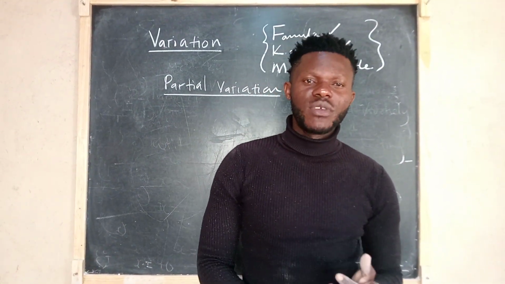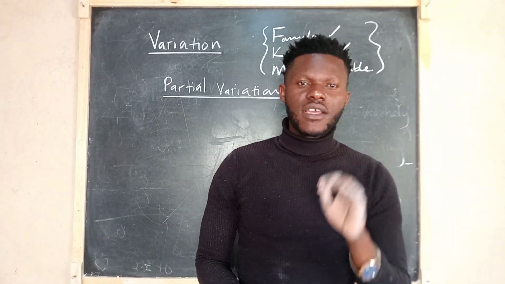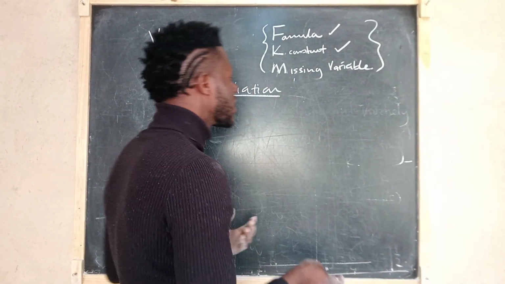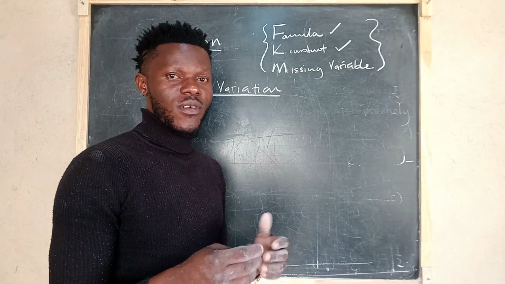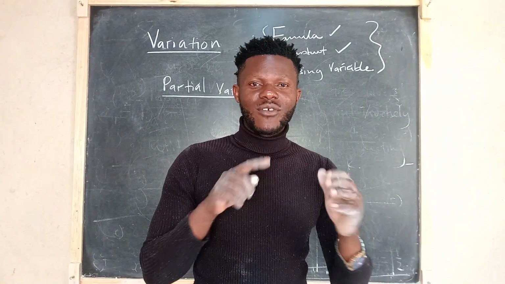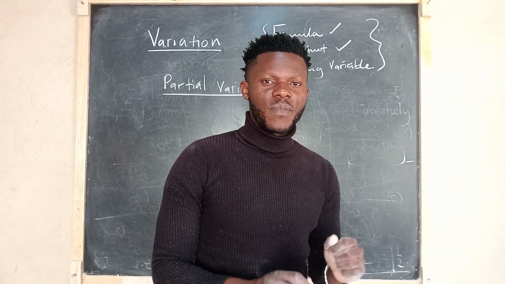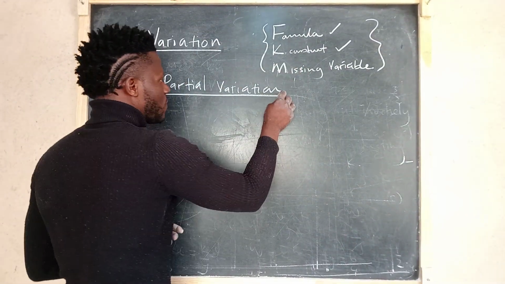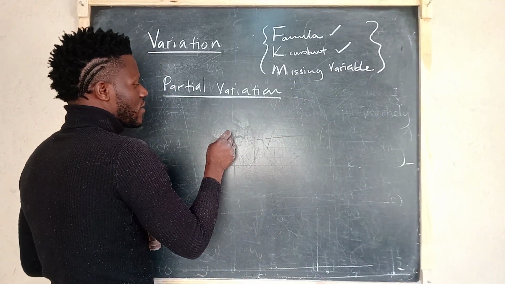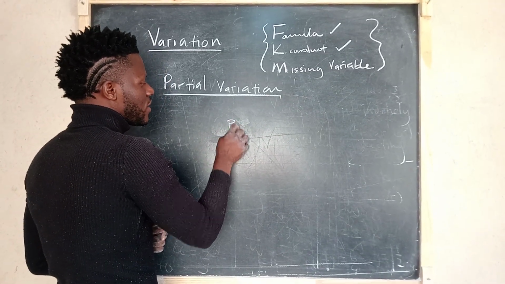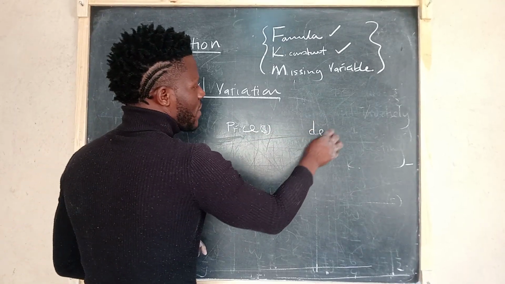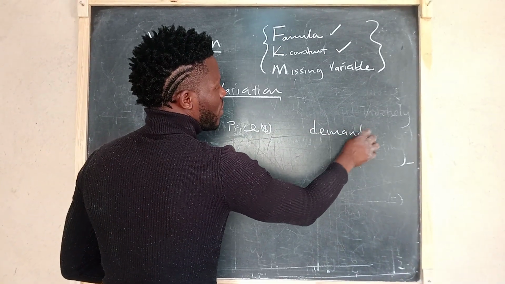The relationship between price and demand of basic or essential commodities such as food. For instance, here in Zimbabwe, it's sadza, mini meal, cooking oil, fuel, and more examples of essential products. Suppose we have the price of mini meal in dollars and the demand of mini meal per month.